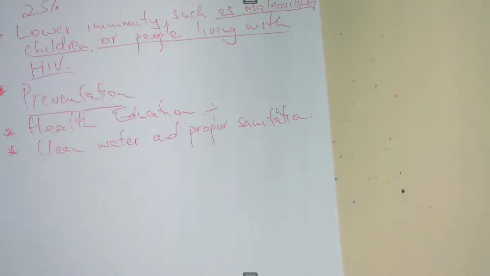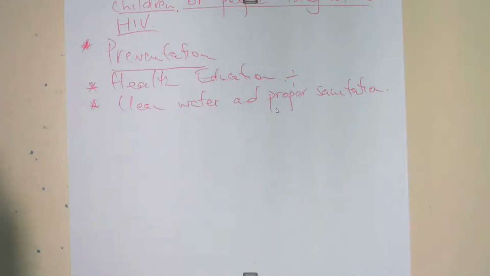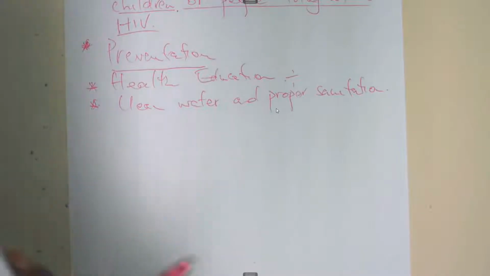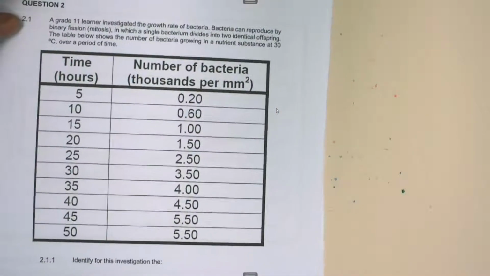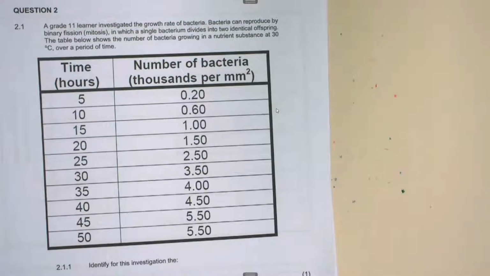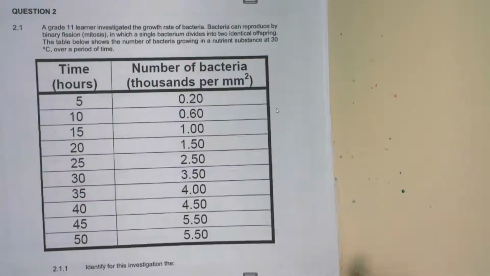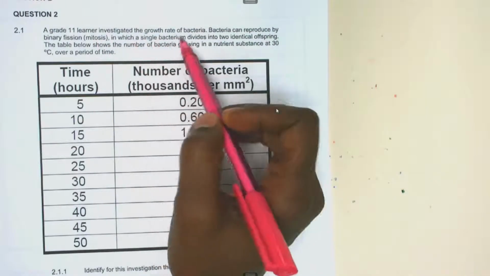All right. And then let us move to page number 5 to 6 of our question document, to wrap up bacteria. So here is our question. A grade 11 learner investigated the growth rate of bacteria.